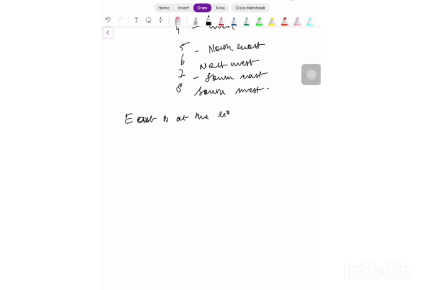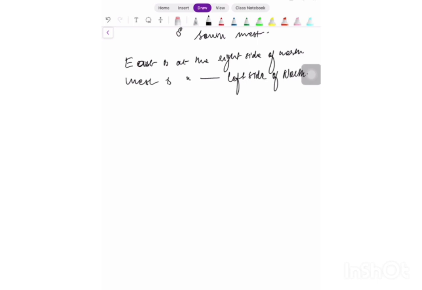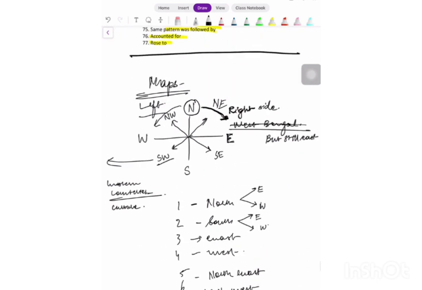East is at the right side of north and west is at the left side of north. Okay, so if I say that there is a hut present here, or if I say that there is a pond here, which direction would it be?